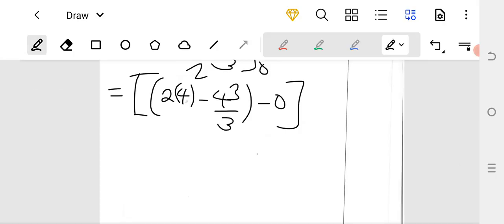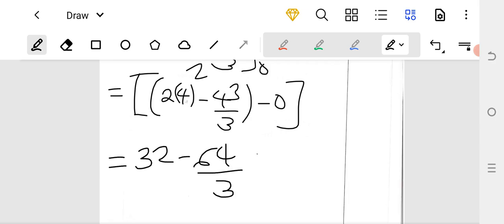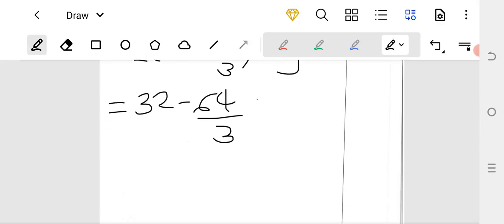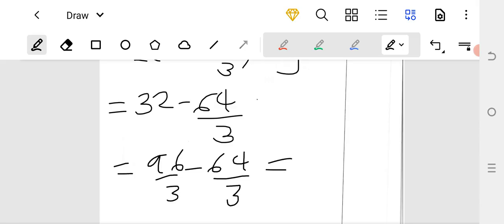So it's going to be equal to 32 minus 64 over 3. Then 32 times 3 is 96 over 3. So to continue, this is going to give us 96 over 3 minus 64 over 3, which is equal to 96 minus 64, which is 32 over 3.